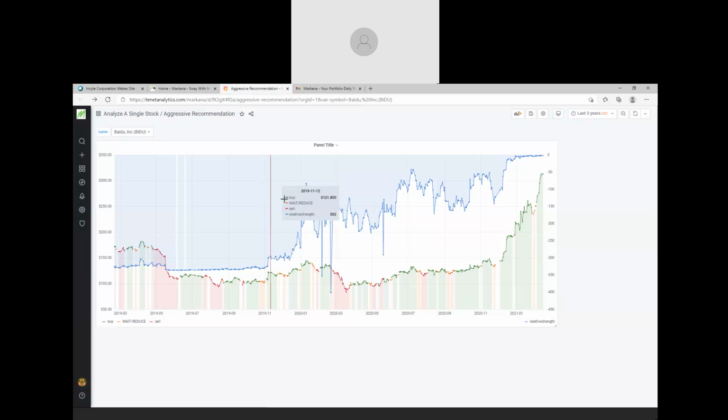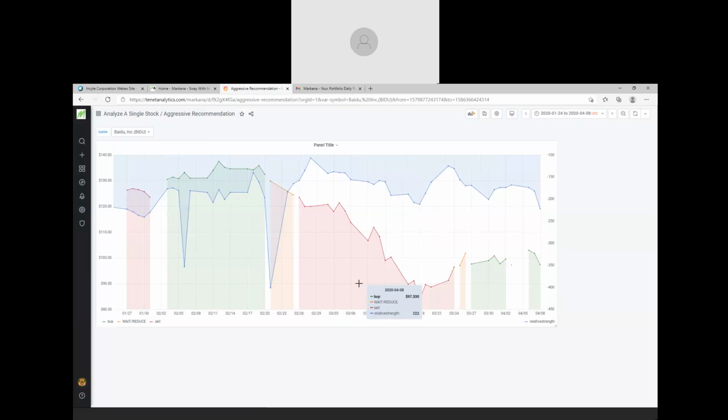I will show you some indications around COVID time. So this is the COVID time frame. The lockdown actually happened somewhere around March 12th, March 15th, March 18th, in that time frame. But almost for every single stock, it started becoming a sell in our tool right around the middle or the later part of February.